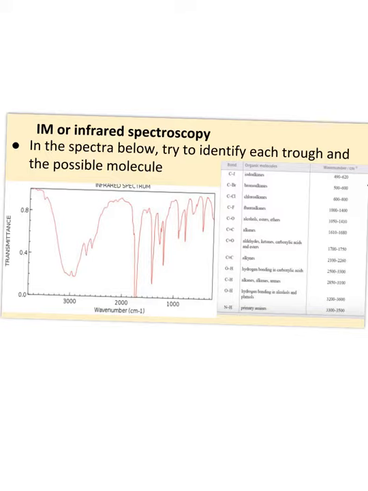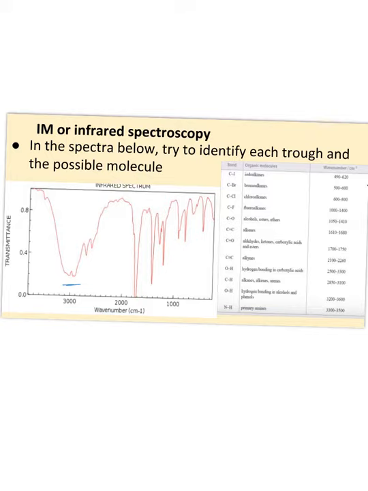So when you have a spectra, you go through and try and identify each trough and come up with a possibility for the molecule. So if I look at this molecule, I'm going to start to the left here, and I see that there's a couple of troughs here just above and just below 3000. So 3200 to 3600 could be an OH bond in an alcohol, but I'm not quite as high as 3200.